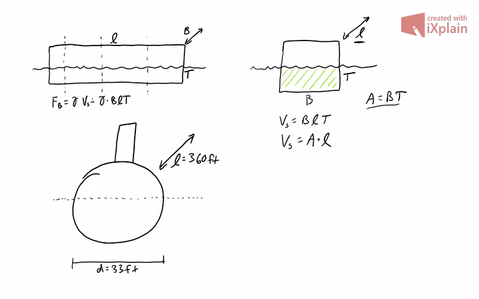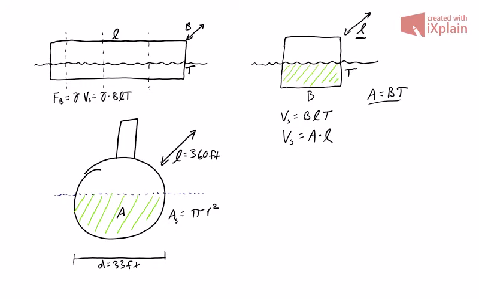We can look at the front area and say, if this submarine is a circle, then the area of a circle is pi r squared. Since only half of it is submerged, the submerged area is pi r squared over 2.